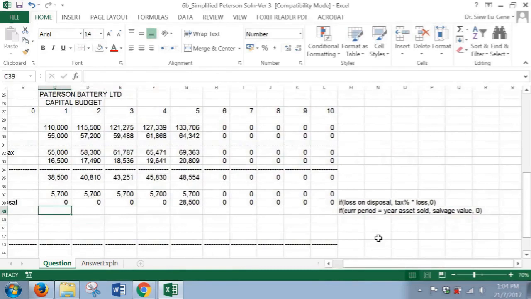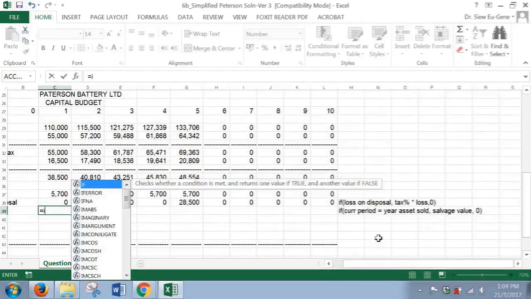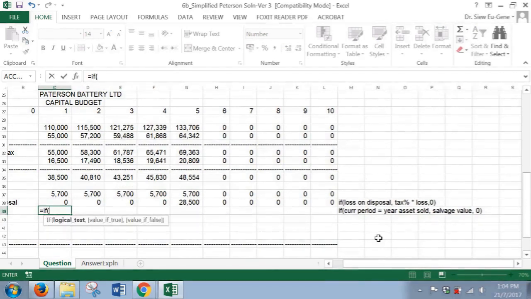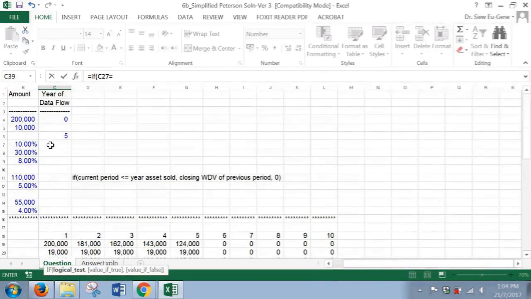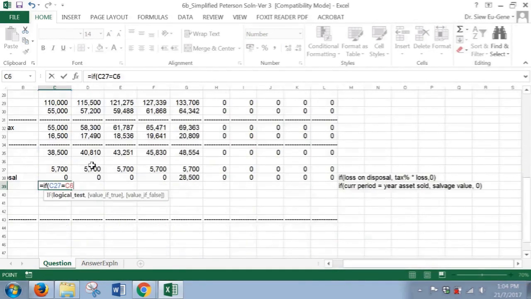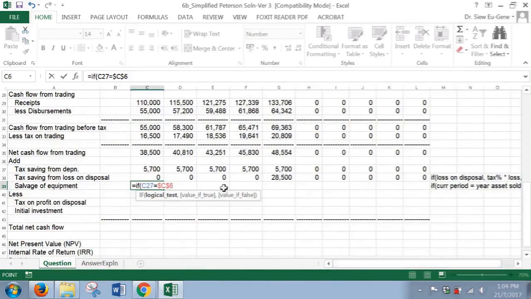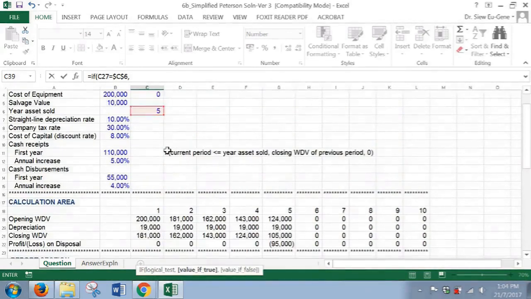So let's do this as a cell reference in the formula. If current period is C27 here, if it's the same as the year asset is sold, which is at C6, then we expect to receive the salvage value.